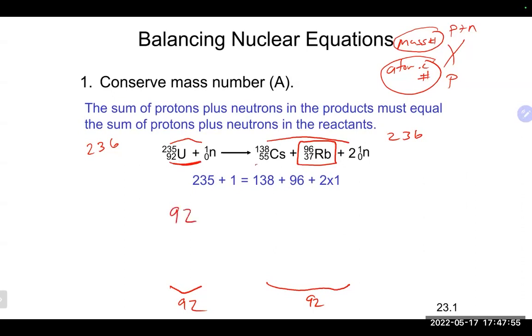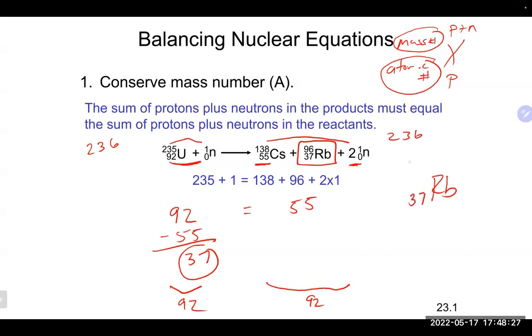If we add up everybody but the boxed one, that's 55 and 0, which gives us 55. So if we subtract those two numbers, that gives us 37, which is the missing atomic number. We would then go to the periodic table, which is our other good friend when we're doing these types of equations, look up number 37, and see the symbol Rb, and that is how we get to the one that would be in the missing box.